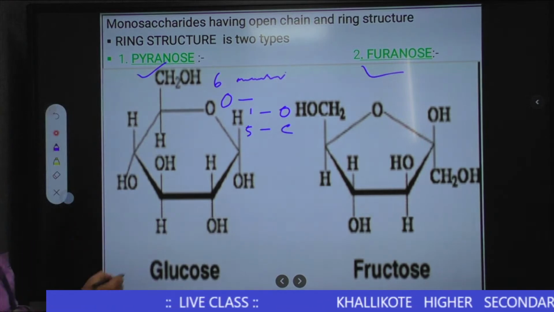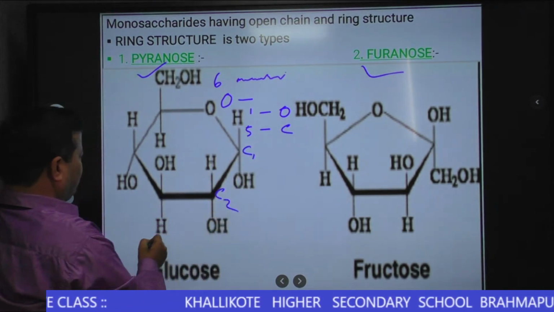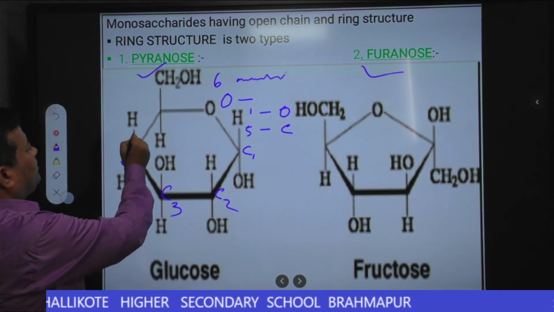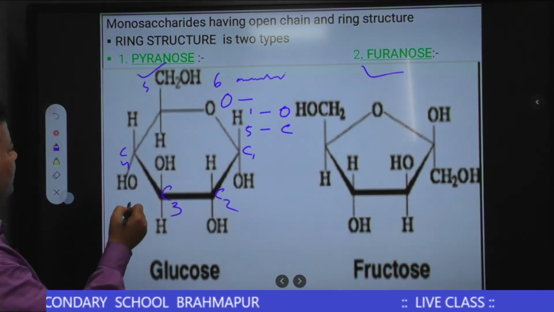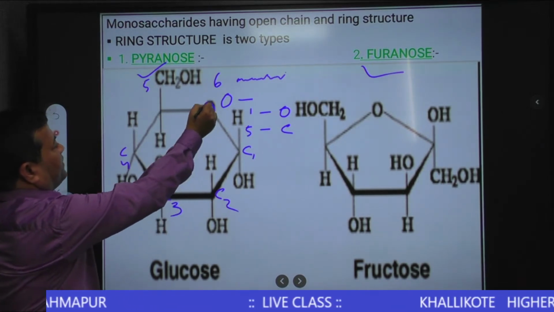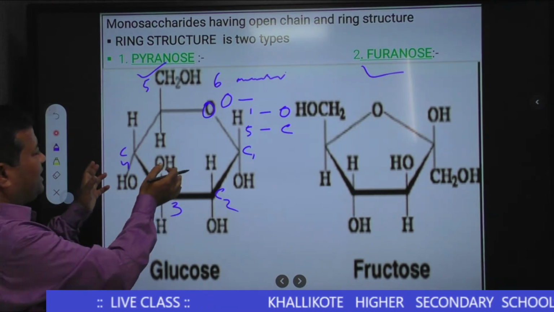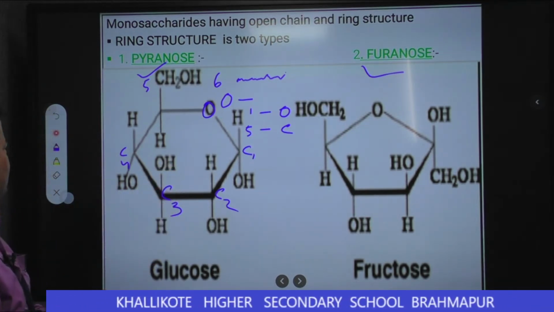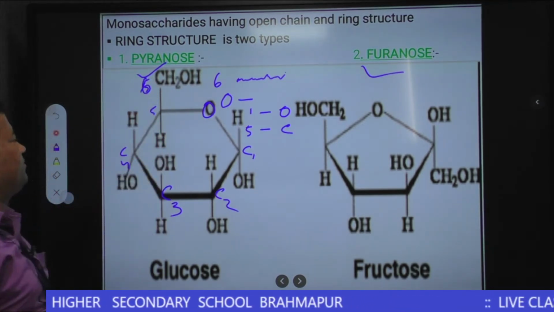Here this is the first position of carbon, second position of carbon, third position of carbon, fourth position of carbon, this is the fifth position of carbon, and this is the oxygen position. So this is a hexagonal structure. This is also the 5 position, this is the 6th position.